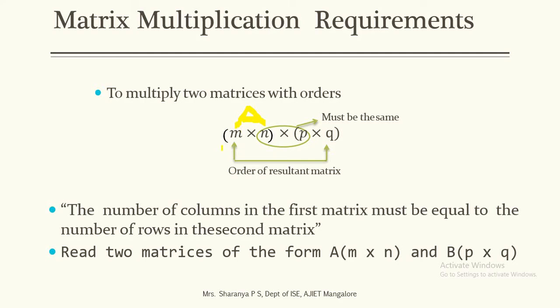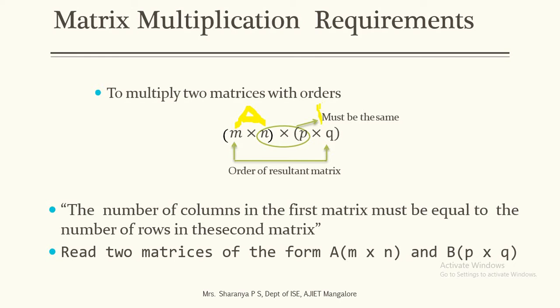These rows and columns we normally refer to by the order of the matrix. That is, the number of rows and the number of columns we specify is called the order of the matrix. So, the order of matrix A is m cross n.